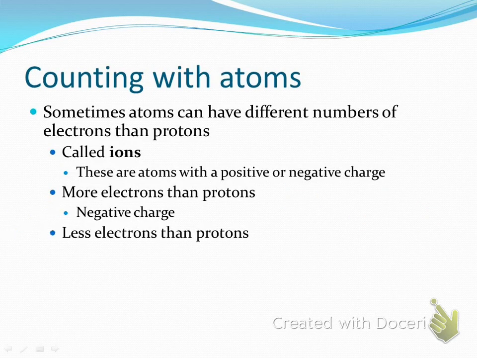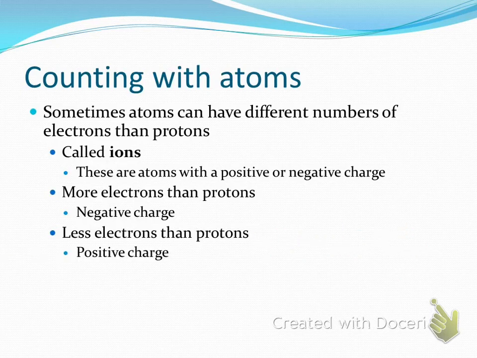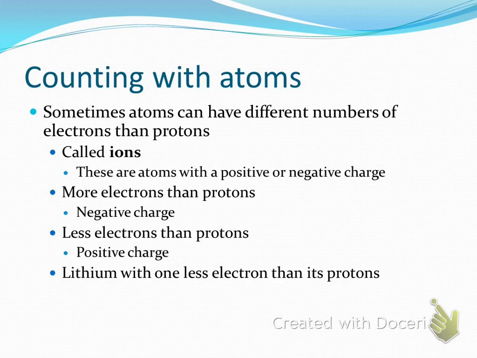If I have less electrons than protons, what type of a charge would I have? Positive, right? I'm short on electrons, so I have a positive charge. Very good. Okay, so for example, if I needed to write lithium with one less electron than protons.